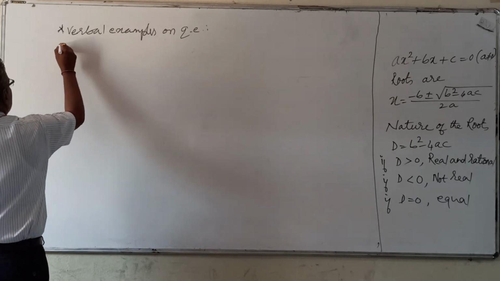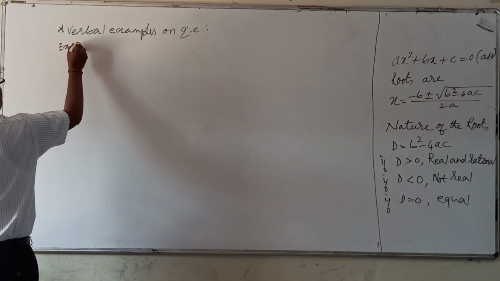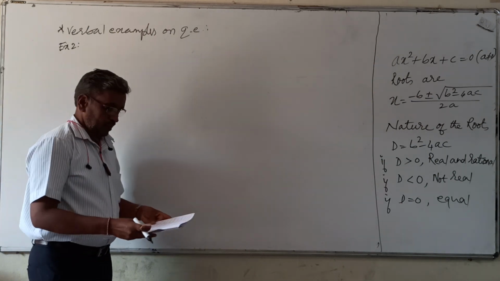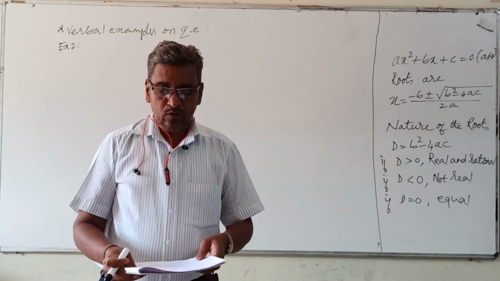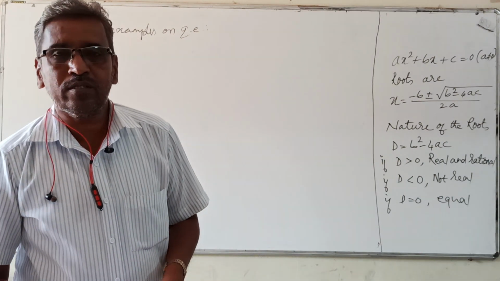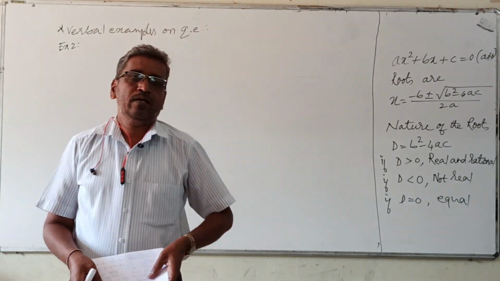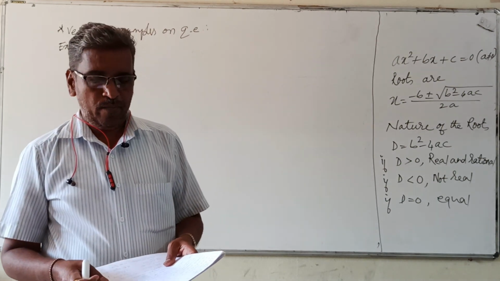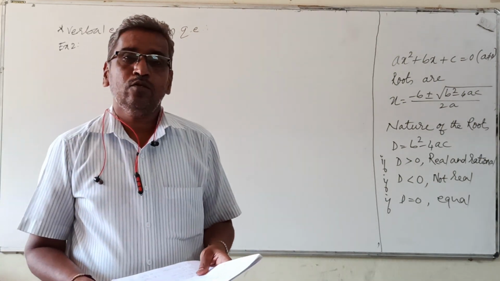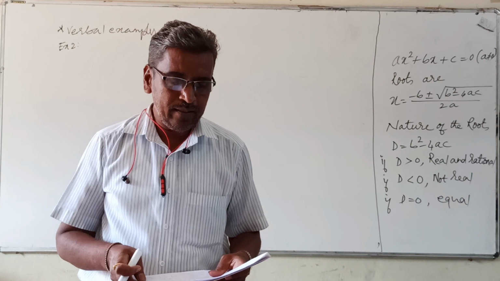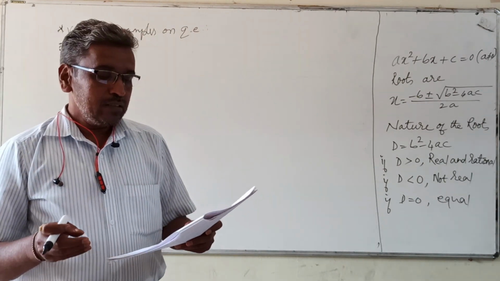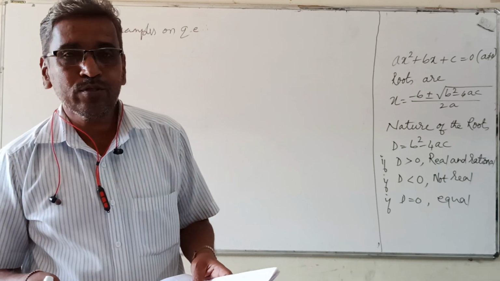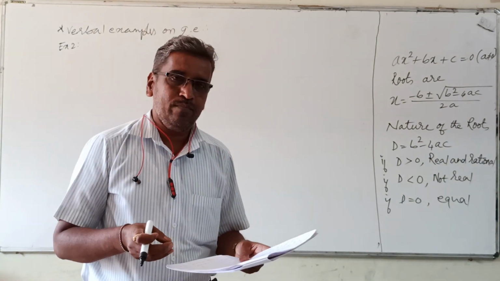Yes, next example. The difference of squares of two numbers is 180. Try to understand the example. The difference of squares of two numbers is 180 and the square of the smaller number is 8 times the larger number.